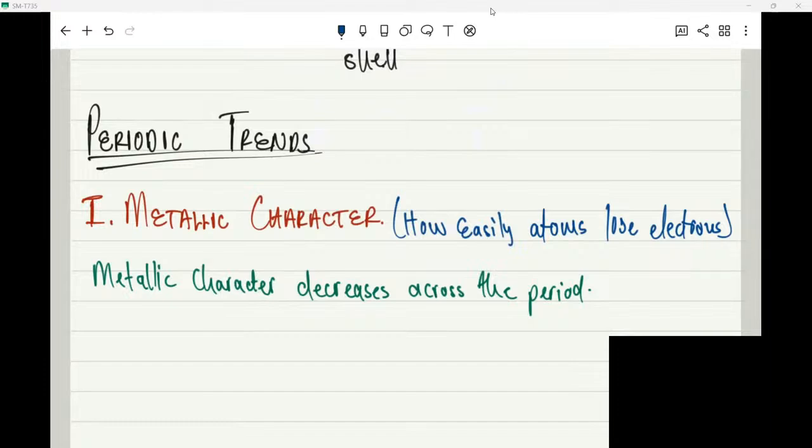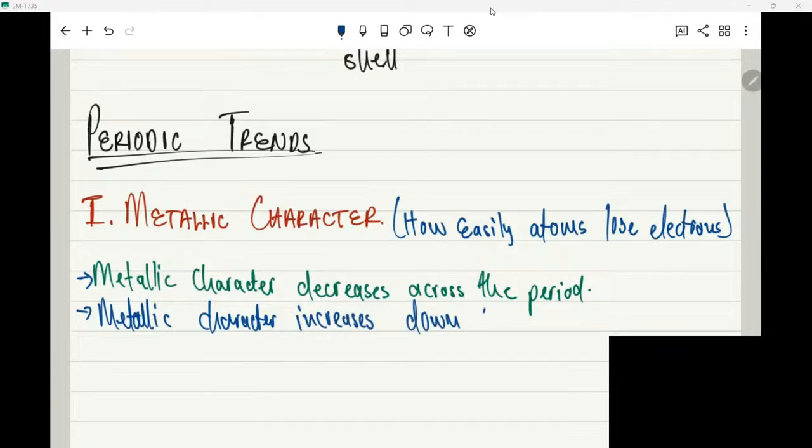As you increase the number of shells, a metal that has more shells will lose more easily than a metal that has fewer shells. So metallic character decreases across the period, and you can also say metallic character increases as you go down the group. If you're going down the same group, you'll be going from one period to another, which means you're increasing the number of shells.